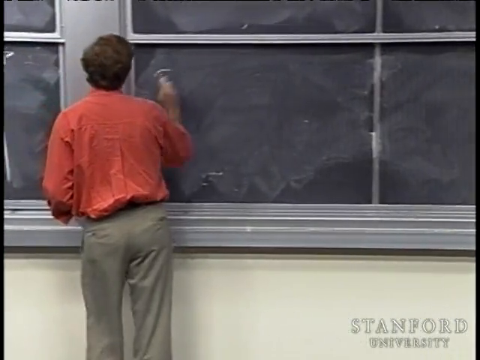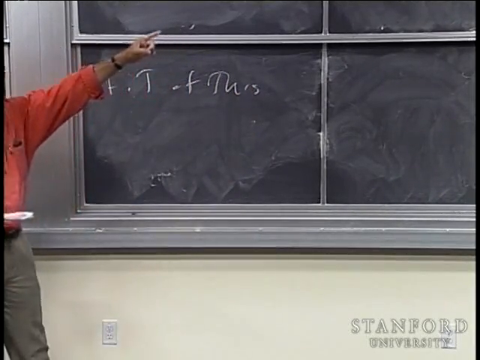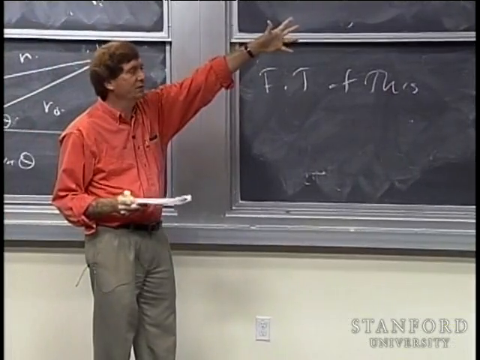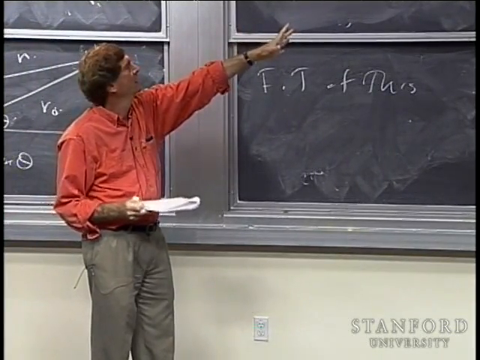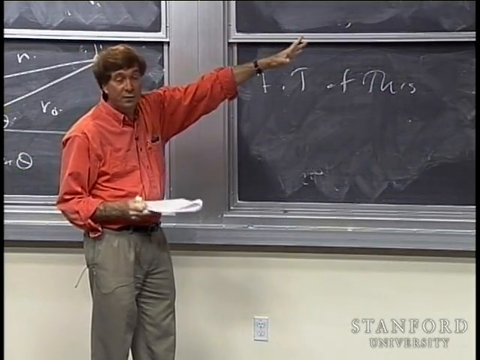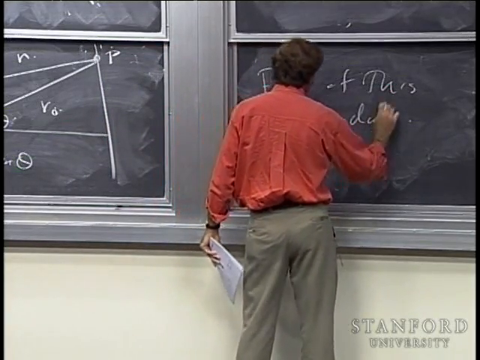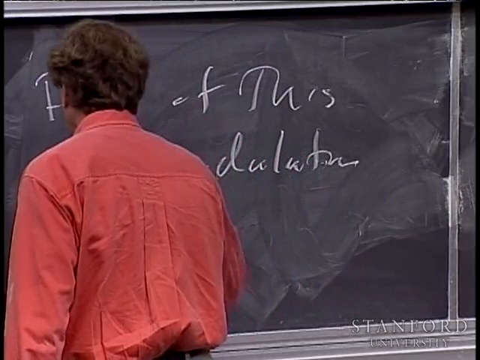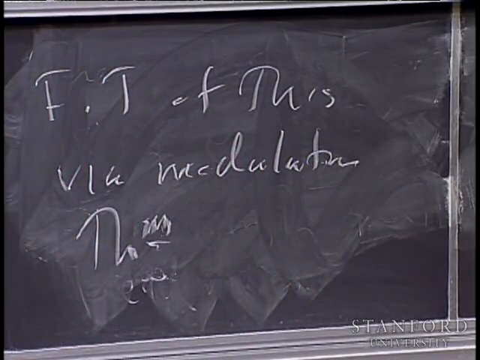So the Fourier transform of this, we know how to do this. It's the sum of two shifts of the rectangle function, and we know how to find that via the modulation theorem. In the notes, I talk about how to do this by using the delta function, actually. Or you can do it this way.